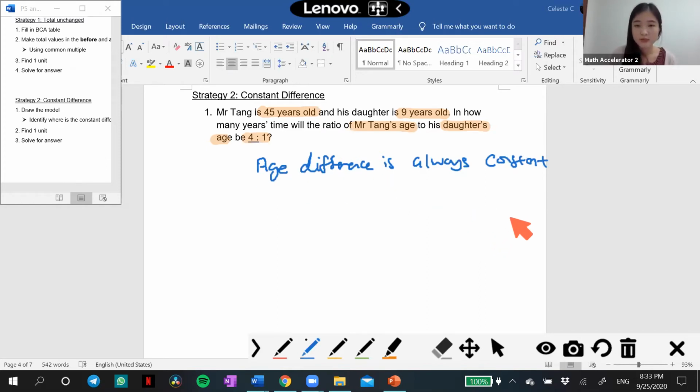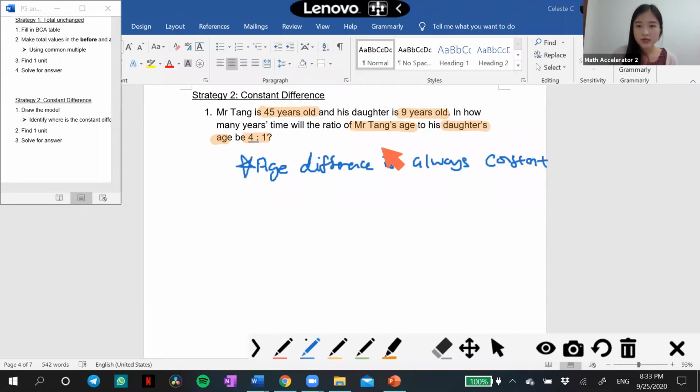So let's say you have a sibling who is maybe 5 years younger than you or older than you. In 10 years' time, will your sibling suddenly be 10 years older than you or younger than you? No. So age difference is always constant. The difference between the age of you and your sibling will always be the same no matter what. So you need to take note of this.